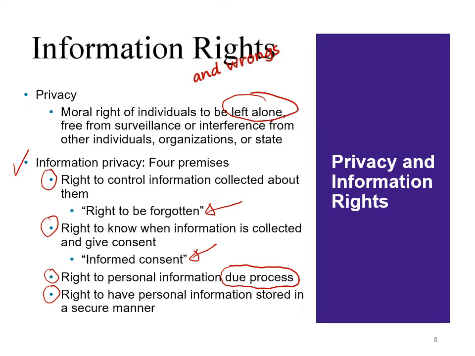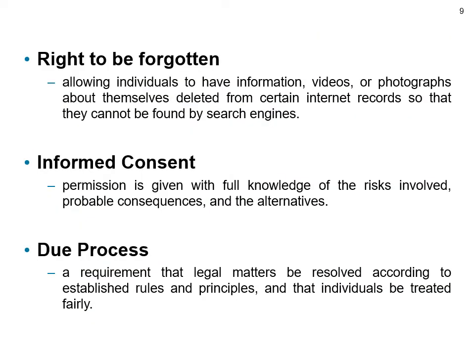So these are the 4 premises of information privacy: right to be forgotten, informed consent, due process, and personal information stored in a secure manner. Remember, these are the 4 premises of information privacy.